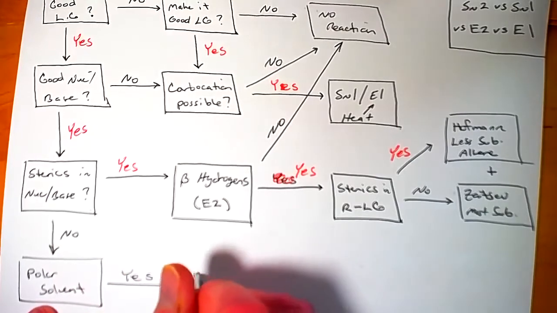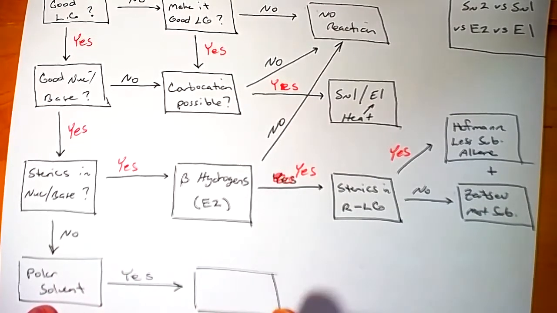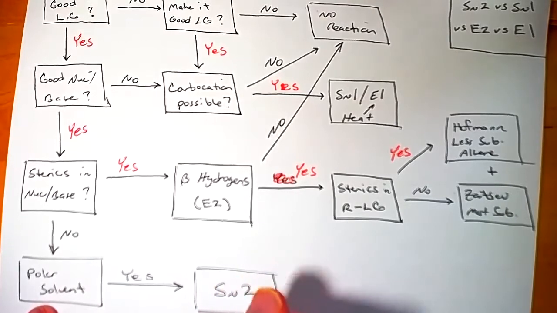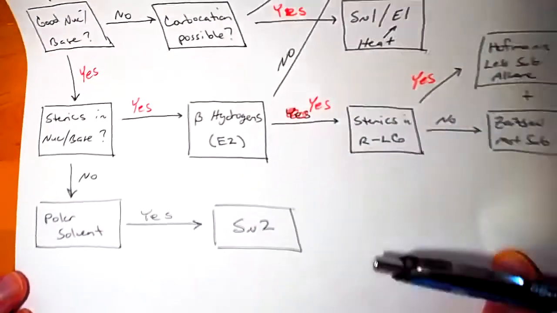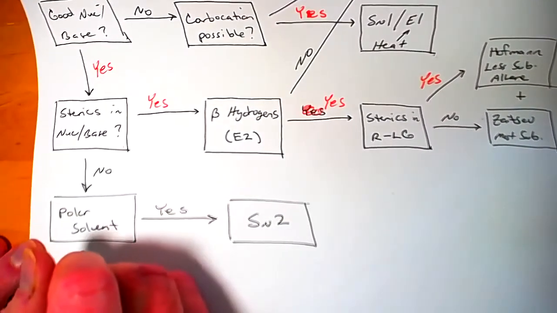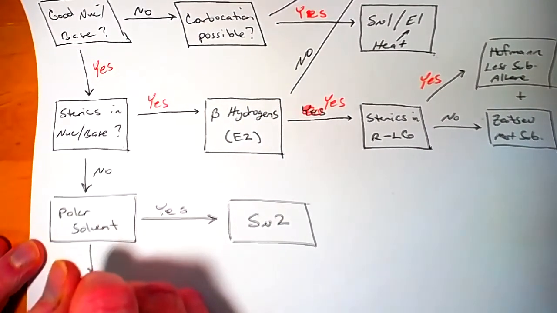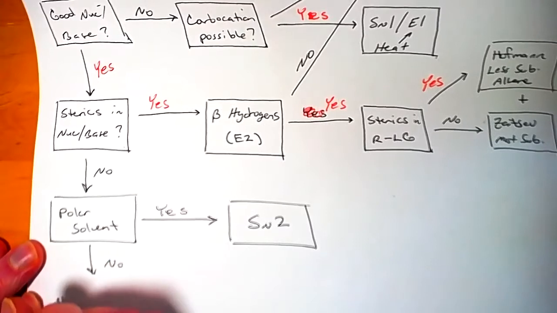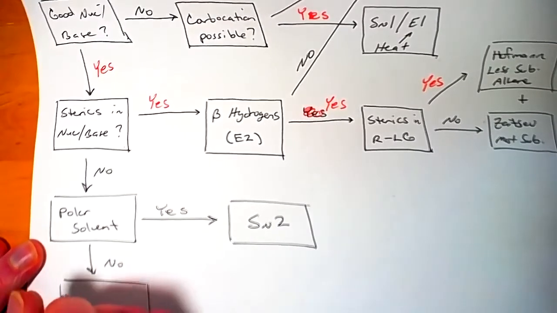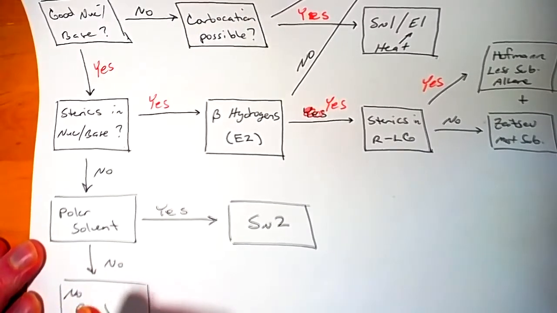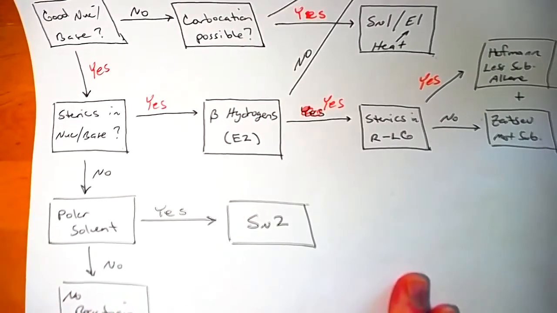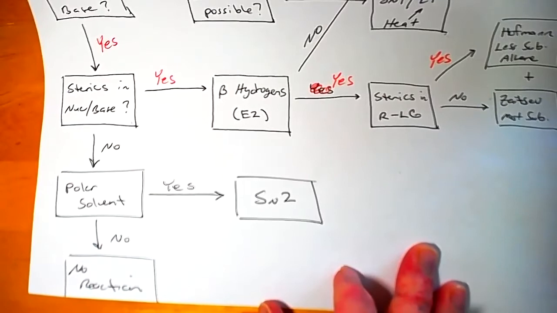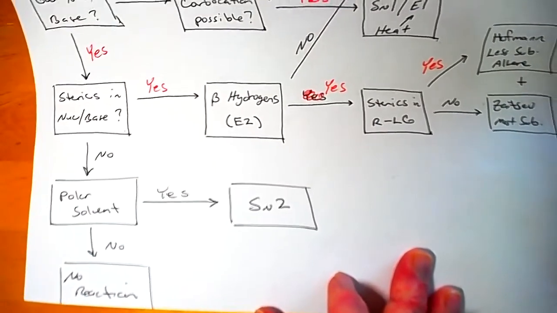Yes, in fact, it does need to be a polar solvent. Then you will expect to get SN2 to occur. But if the polar solvent is not present, well, then we're back to a no reaction situation. Okay, so it's going to be difficult for that to occur without having that polar solvent.